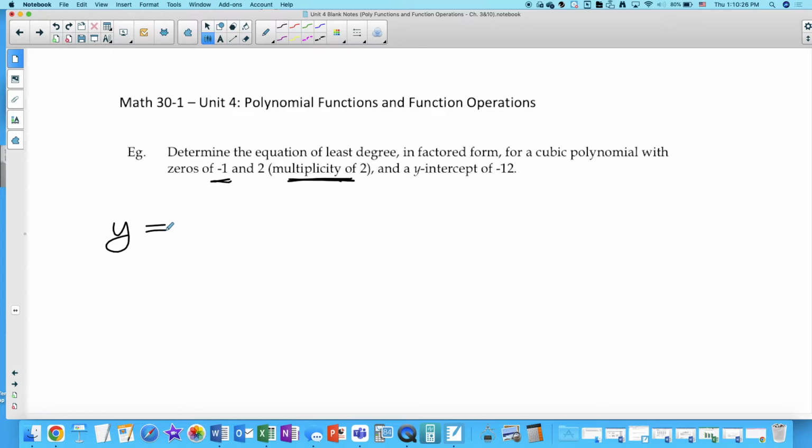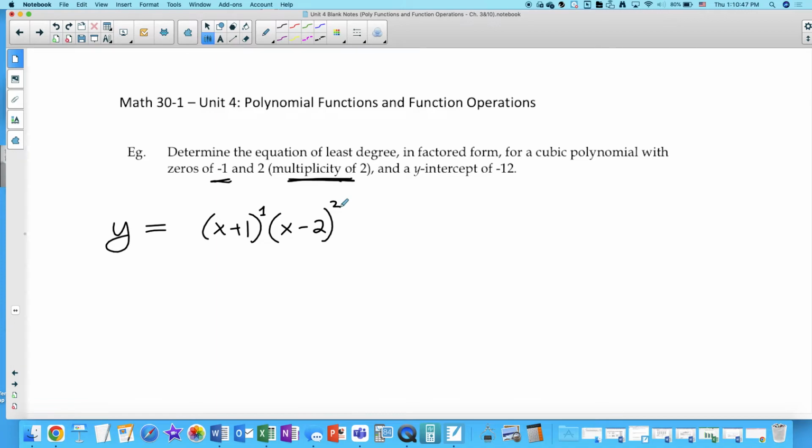Yeah, you're going to have an (x plus 1) to the 1. You don't have to put that 1 in, but it's a reminder, okay, multiplicity of 1. And then what else? Yes, (x minus 2) squared. Okay, so there's going to be something like that in my function.